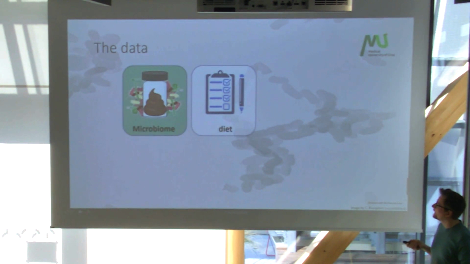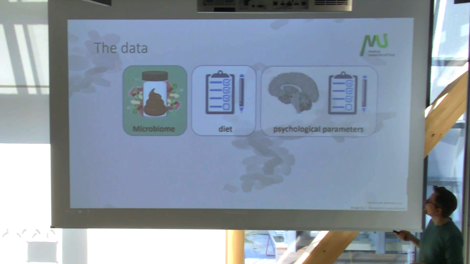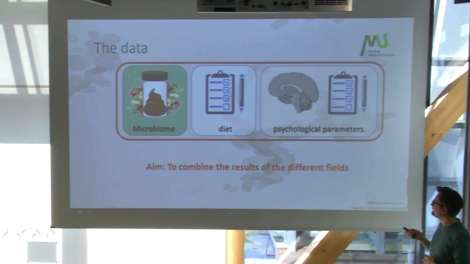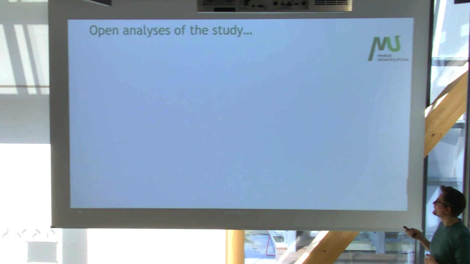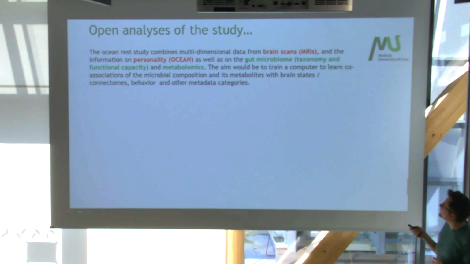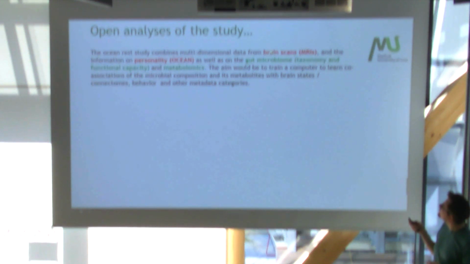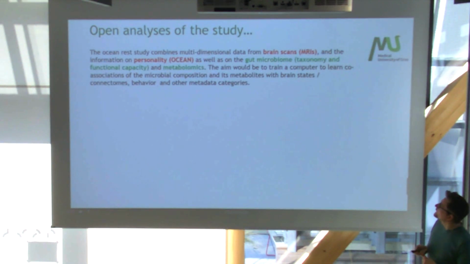We already analyzed the microbiome data, and also included this questionnaire, but we did not include so much of the psychological parameters for now. Highlighted here in green is the stuff that we already included in one of our publications, but what is really missing are the brain scans and personality scores and questionnaire information.